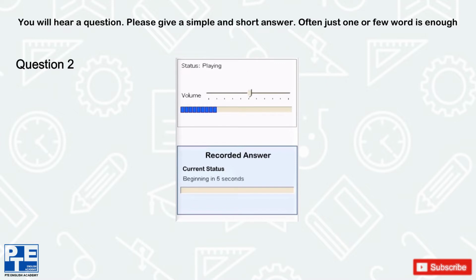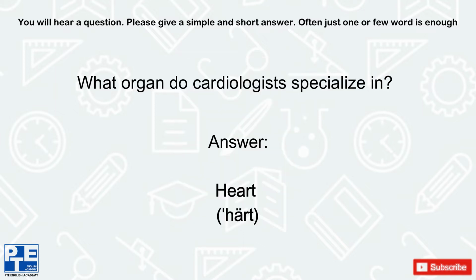What organ do cardiologists specialize in? Answer: heart.